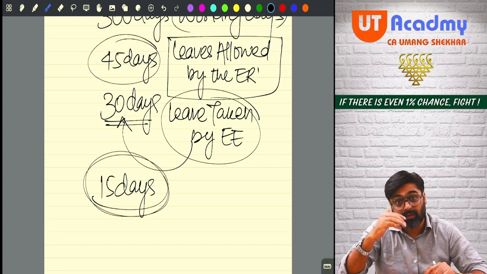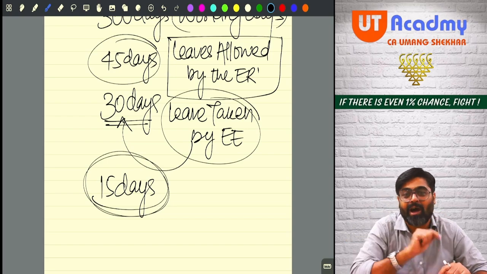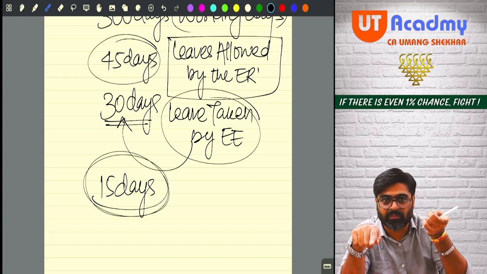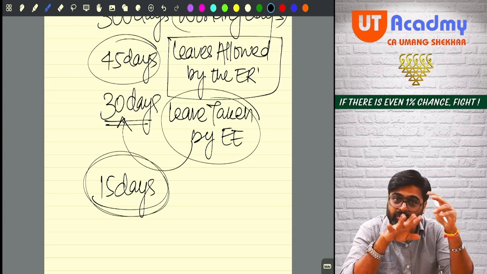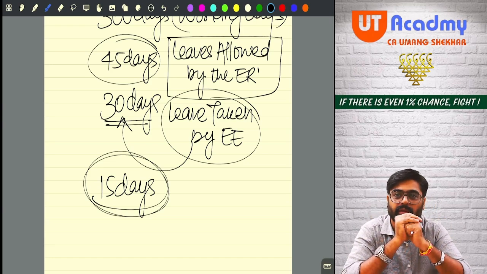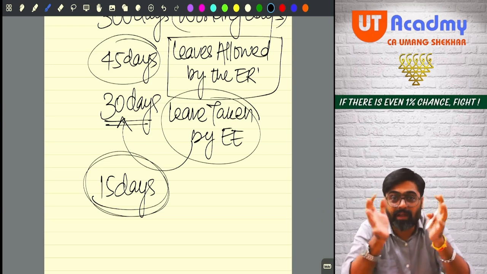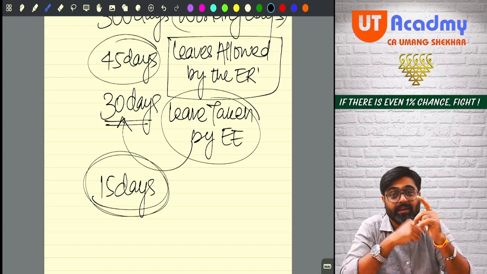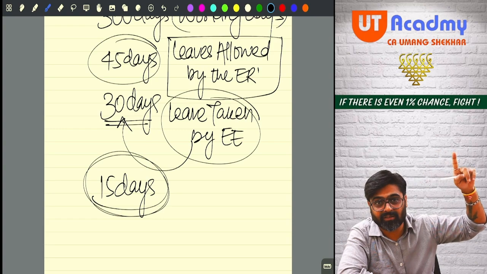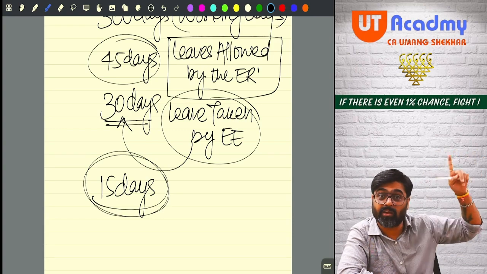Or, now the employer can tell you, how many leaves did you save this year? 15. Next year also you will save something. Next to next year also you will save something. Do one thing, keep on saving your leaves. Keep on accumulating your leaves. Now when you retire, after 10 years, 20 years, 30 years, at that time we will sit at once.